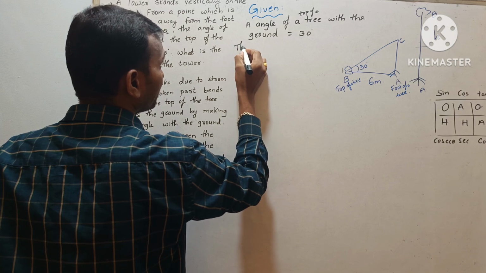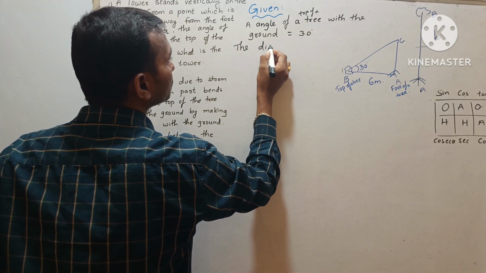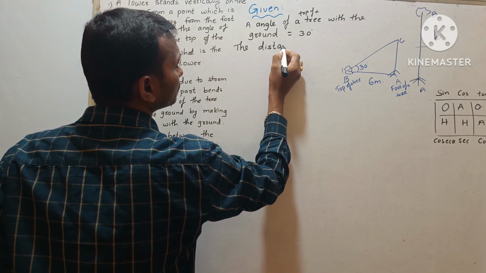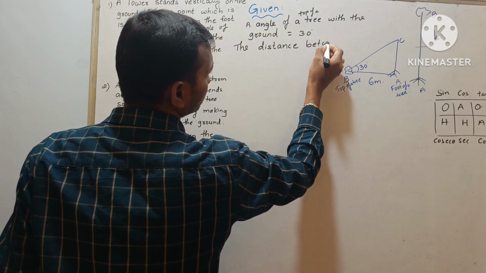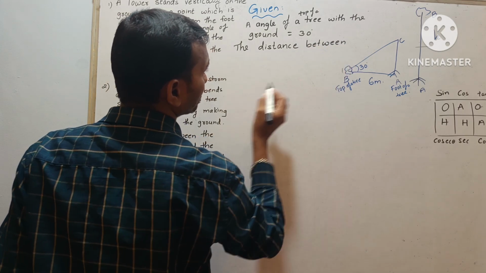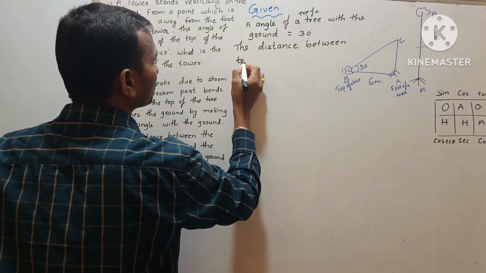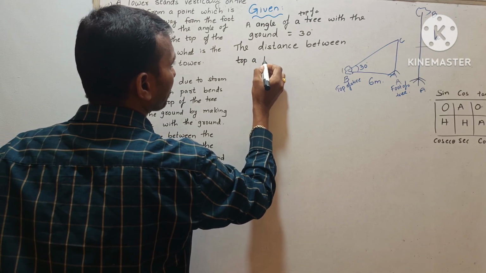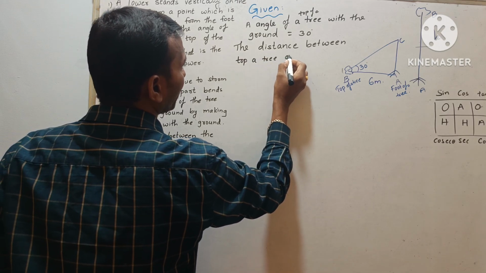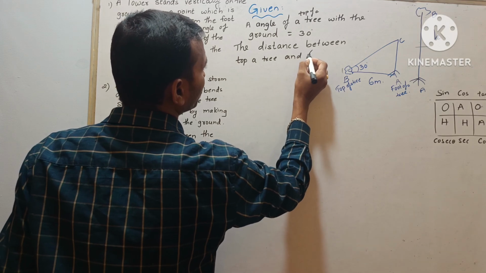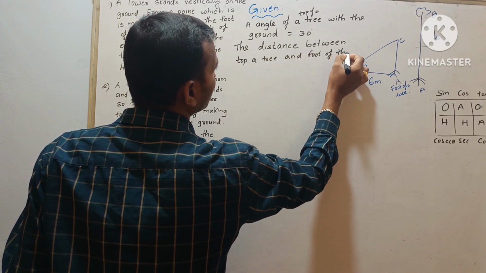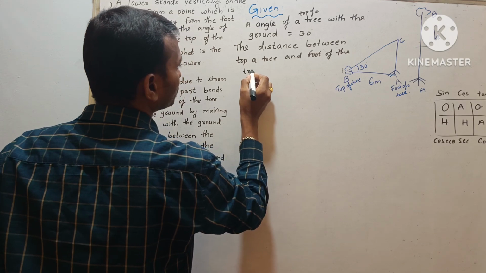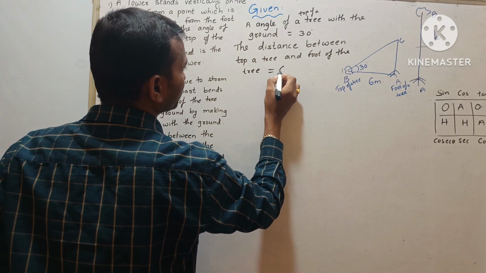The distance between the top of a tree and the foot of the tree is equal to 6 meters.